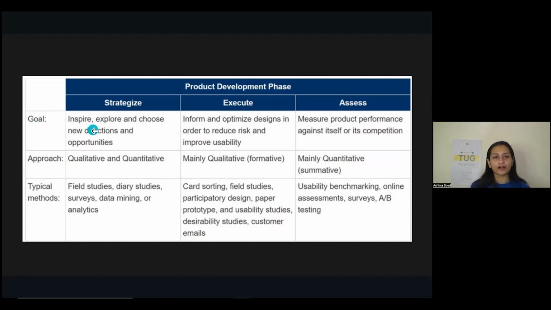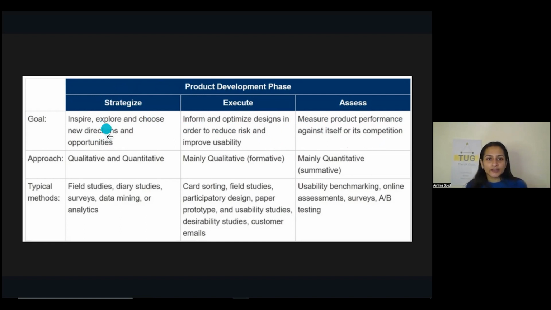So your goals are with the strategize phase when it's much earlier, when you're trying to ideate, when you're trying to empathize, right? That's when you're still exploring and choosing new directions and opportunities, as opposed to when you're executing, which is your prototyping stage, when you're trying to optimize the designs, right? And you're trying to inform. So here you're kind of validating what you got in the previous step. And then we have the assess stage, which is by itself a testing stage. So this is where you're trying to measure your product performance against itself or its competition.